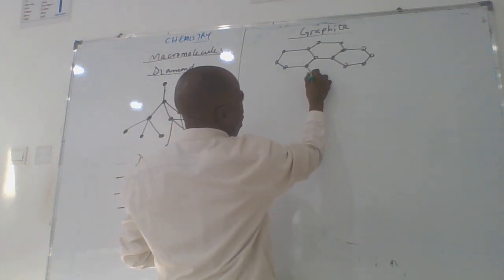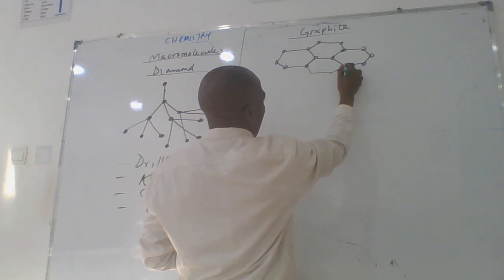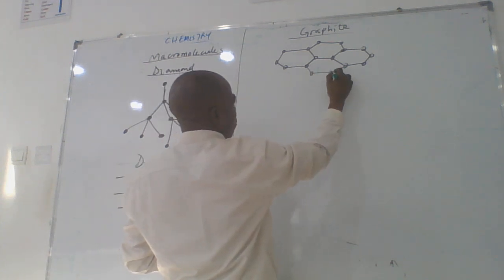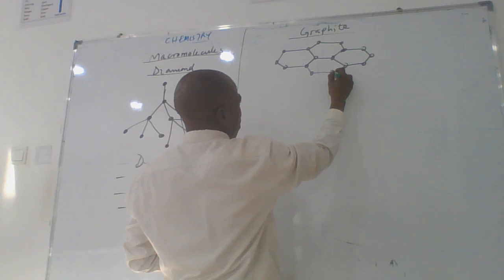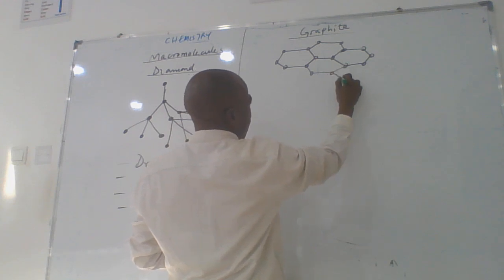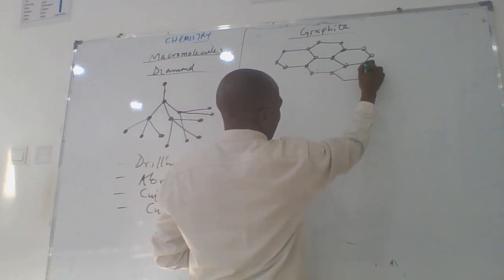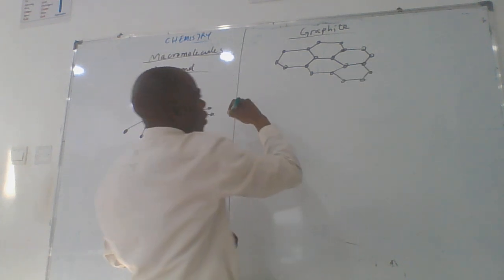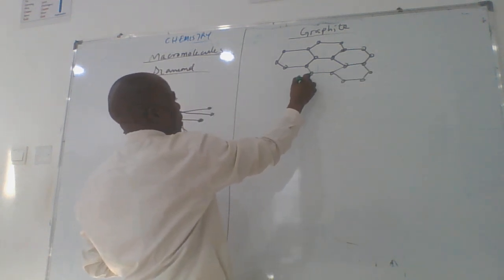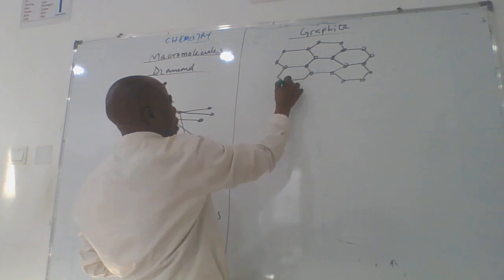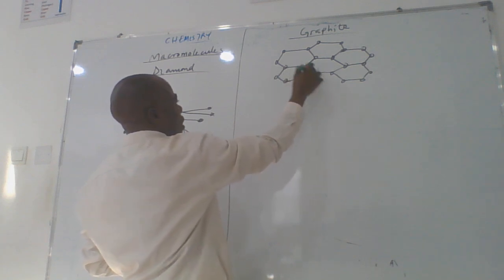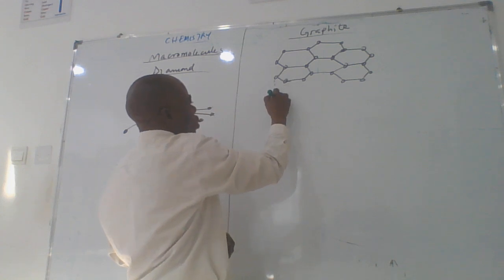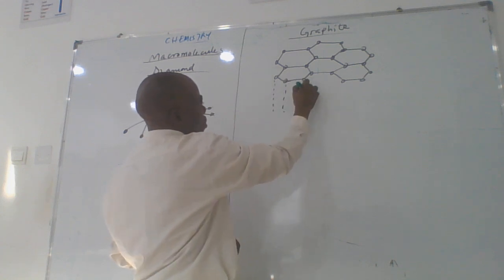so this is just a layer. It's just a layer of graphite. So I have this. So this is a layer of graphite. Now, this one can project downward.